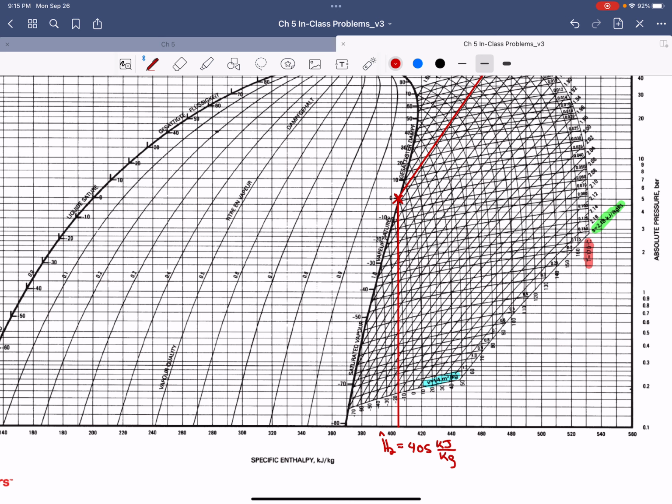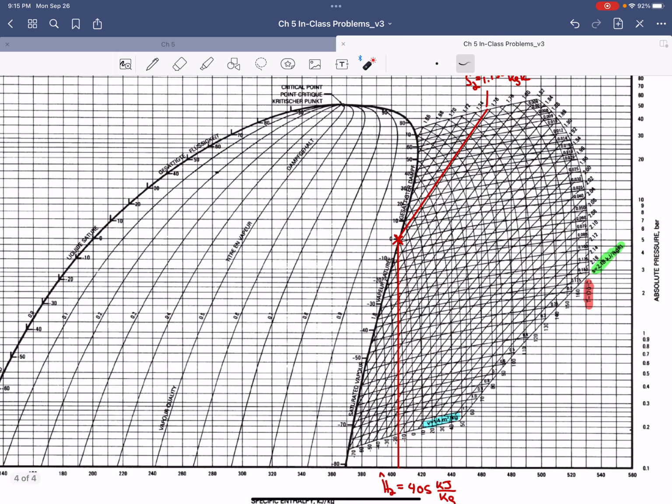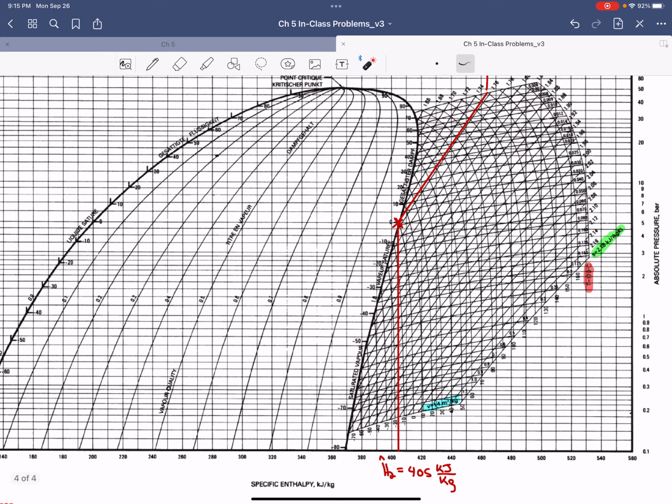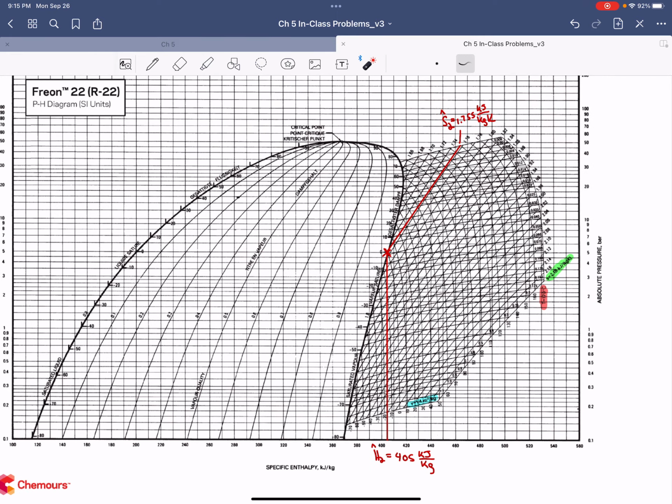Okay? And so with these plots, we have to remember we're reading it off a plot, so we can't be super precise because we're kind of estimating where our line is going to end up. But in any case, by knowing where this intersection is, we're able to read off all of our other thermodynamic properties.